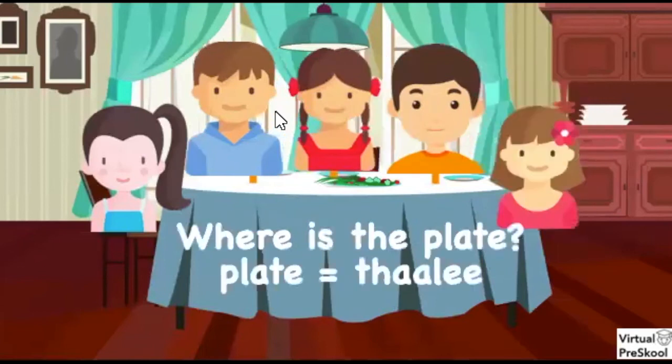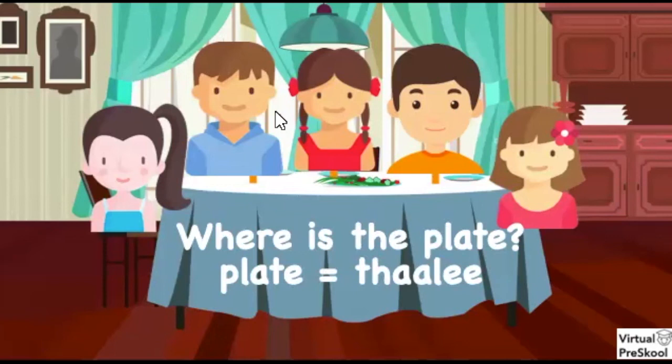All right, next one. Where is the plate? What's the subject? Plate, right? Plate is the subject of our sentence. So that's going to be the first word in our Hindi sentence. We say plate kahan hai.